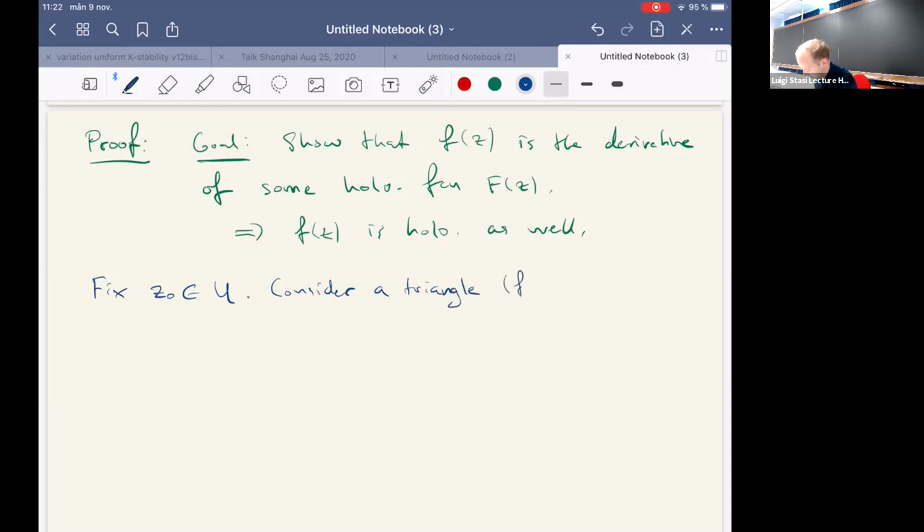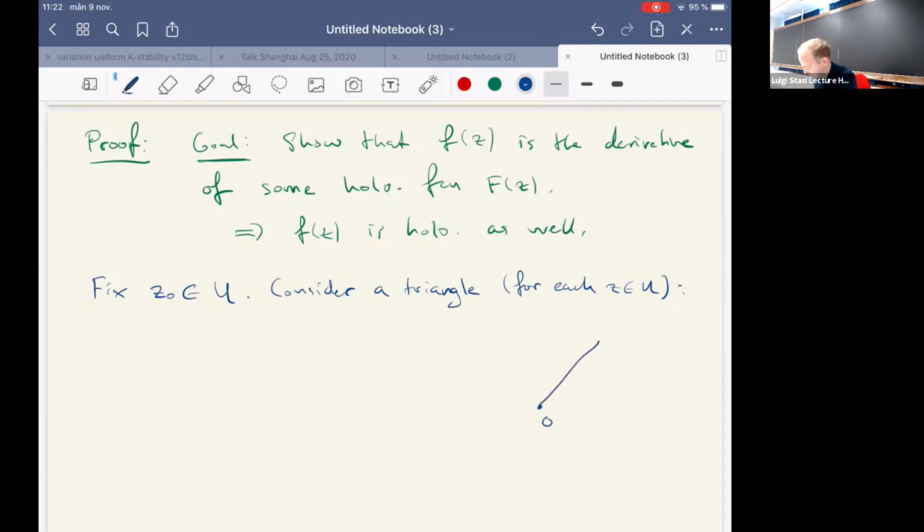For each z in U, let's take some point here, which could really be any point, but let us assume that it's 0.